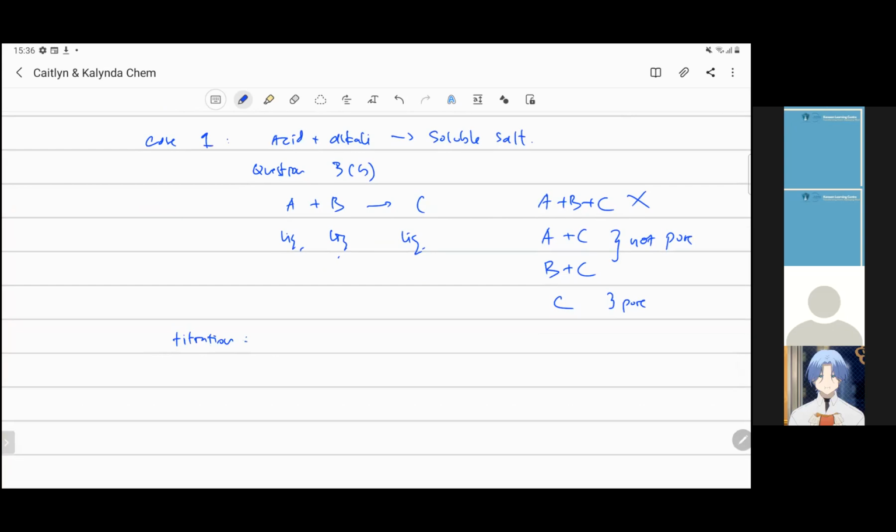What is titration, by the way? Titration is a method to find the equivalent volume of acid and base.